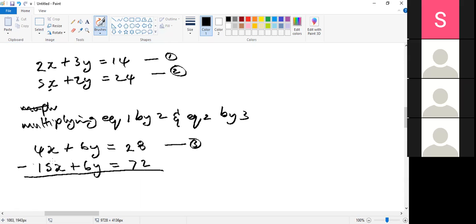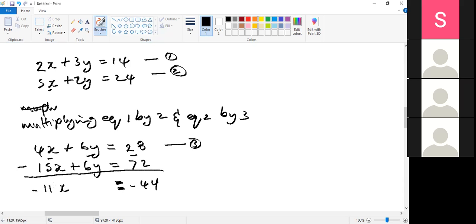From here we can subtract. I usually put a little minus sign in between them to remind me. So this becomes negative 11x, the y is gone, and the next one is 28 minus 72, negative 44.